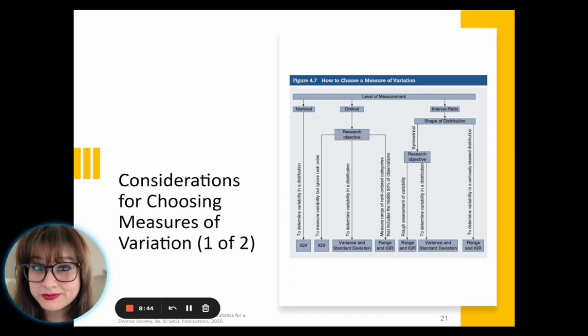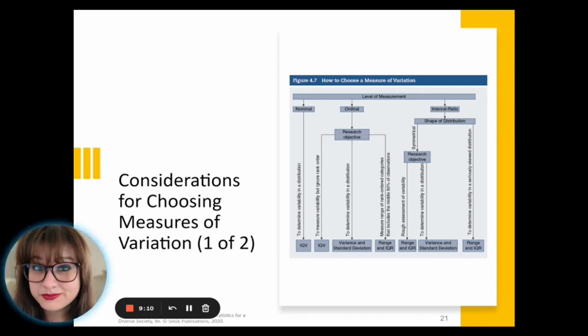If you have interval-ratio data, you need to think about the shape of the distribution. Is it symmetrical, or is it not? If it's not, you're going to look at the range and the IQR. If it is symmetrical, you're going to think about variability as it relates to range and IQR, and also your variance and standard deviation.